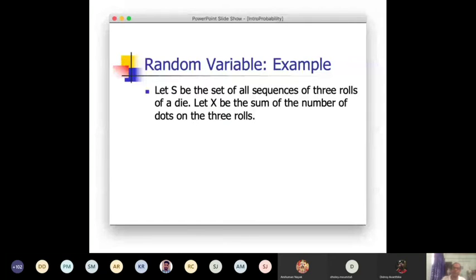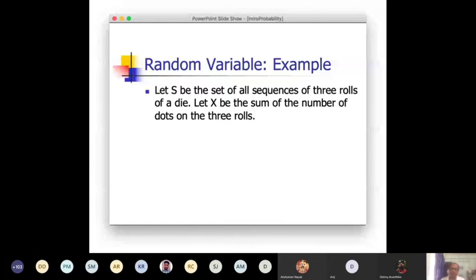So how many possible values can it have? If you roll a die 3 times and consider the sum of all the outcomes after 3 rolls, the maximum would be 18, and the minimum would be 3.